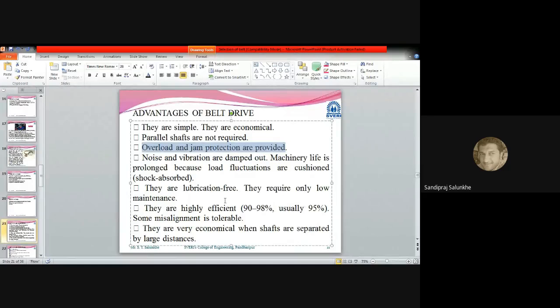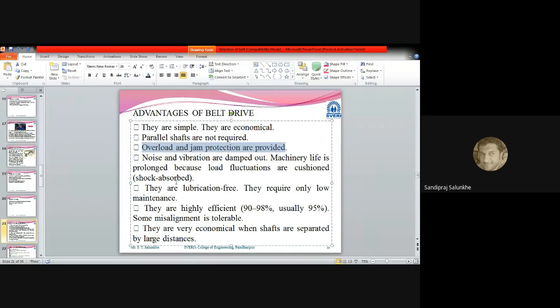Yesterday only I took an example of this. That is again an advantage, because the costlier parts which may fail in that machinery will not actually fail, because of this property of belt drive.